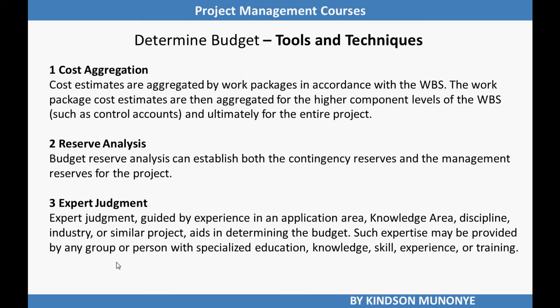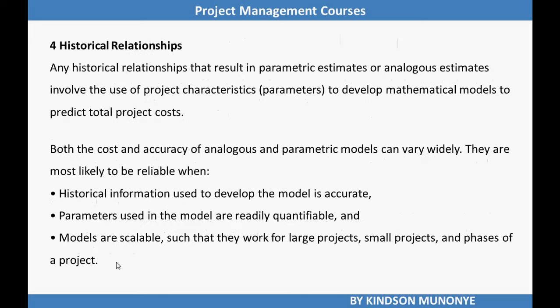Another important tool and technique used to determine budget is historical relationship. What is historical relationship? Historical relationship has to do with any historical relationship that results in parametric estimates or analogous estimates and involve the use of project characteristics to develop mathematical models to predict total project costs.